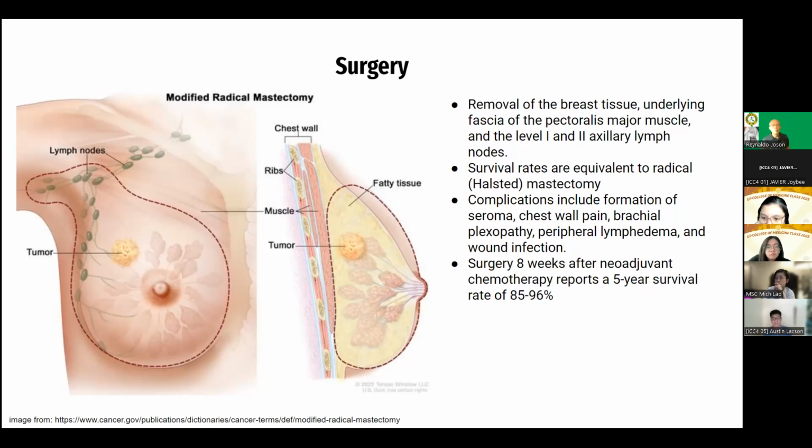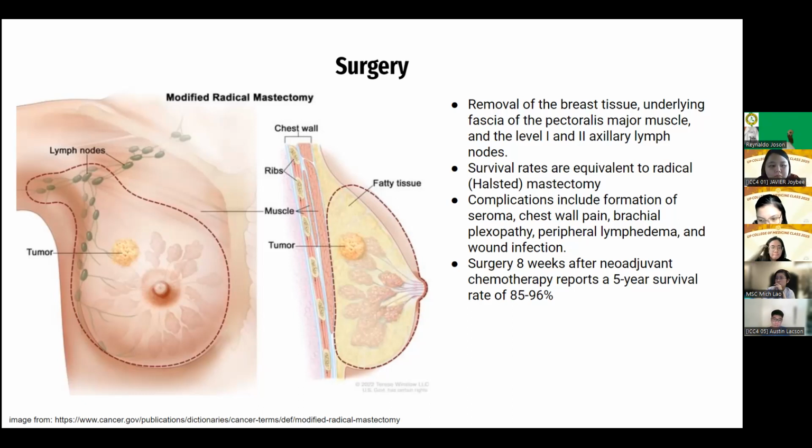The survival rates of MRM are equivalent to the radical mastectomy, the one it's based off of, though the Halsted mastectomy isn't really performed as much anymore. It's more of a legacy procedure because of advancements, and equal naman siya. Pero in terms of morbidity and mortality, MRM has lower rates of morbidity and mortality.